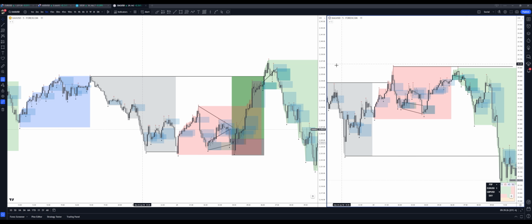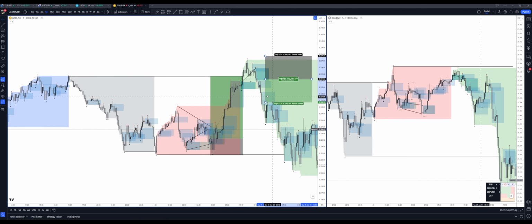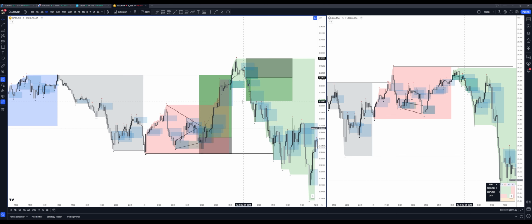And we target the previous quarter liquidity, the low. The close of the candle stops above the quarter high.